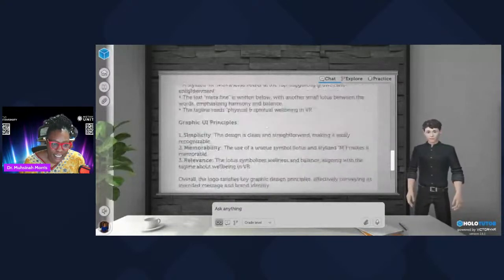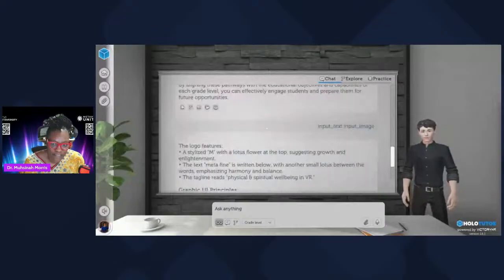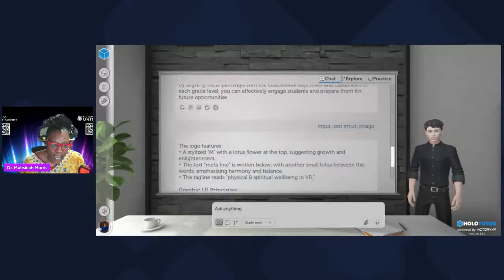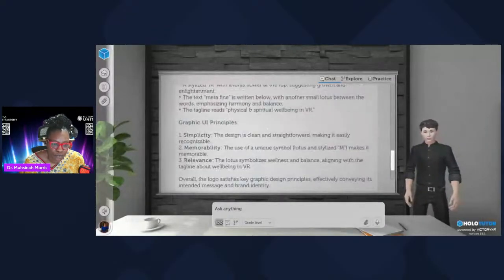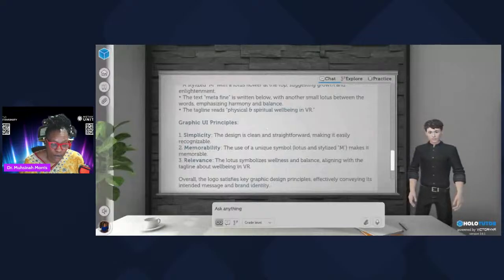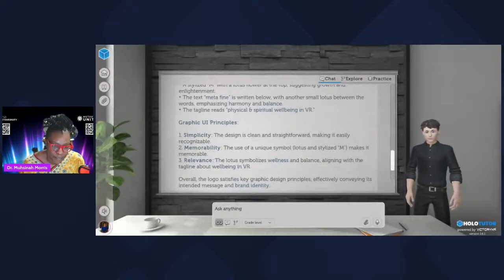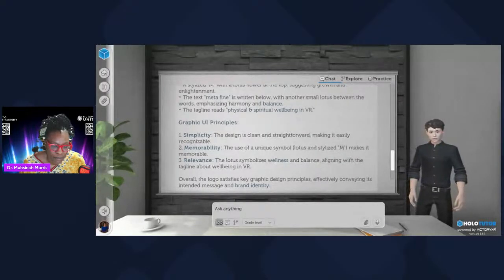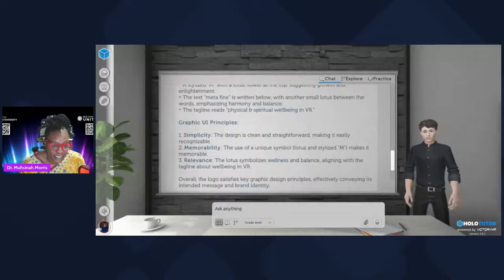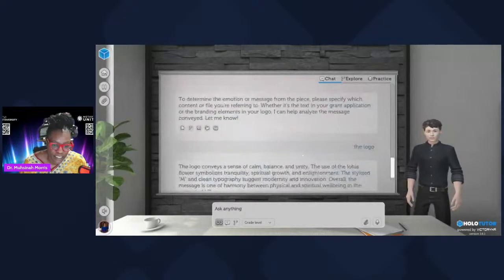But it can help you go through things. I even asked it how it felt in terms of one of my logos that I was using as part of the grant application. Did it follow certain UI principles in terms of being able to convey brand identity? And it gave me that information.